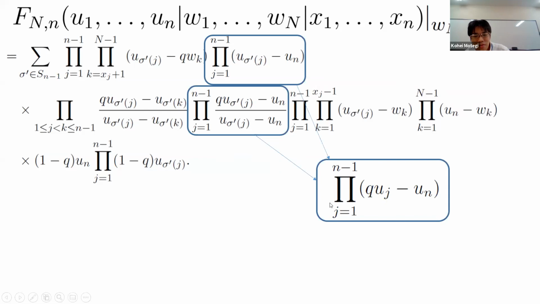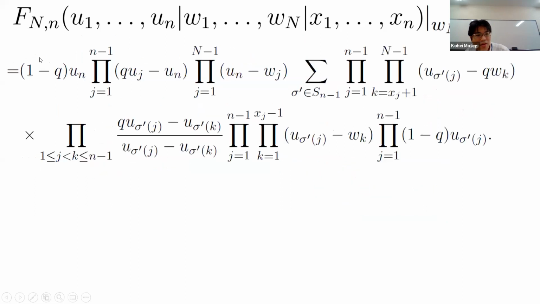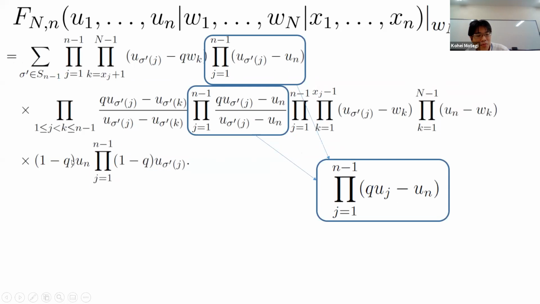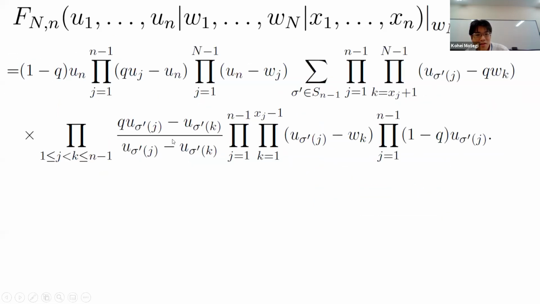So you can pull this factor out in front of this sum. And you also pull this factor and this factor, and then you can rewrite this like this.